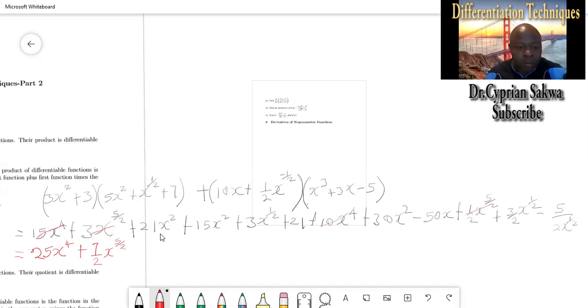Let me come to x squared. I have these two. They give me 36. Then I have this. So that gives me 66x raised to 2. Okay. Let me come to x raised to half.